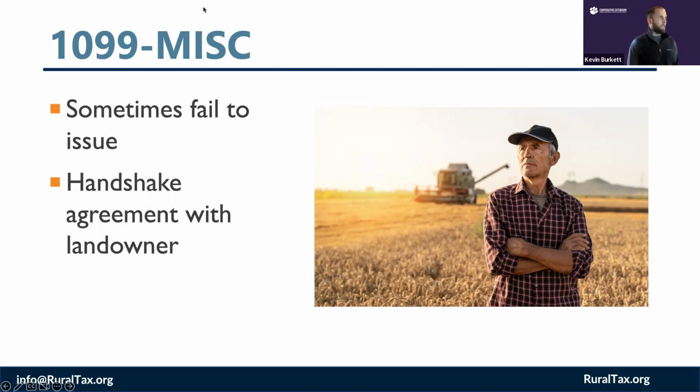But in that instance, assuming it's exceeded that threshold, you'd still want to issue that 1099, because if later on your tax return you indicated, yes, we had $1,000 of rent expense, but there was no 1099 to go along with that, I think to Rob's point, that might start to raise some questions.